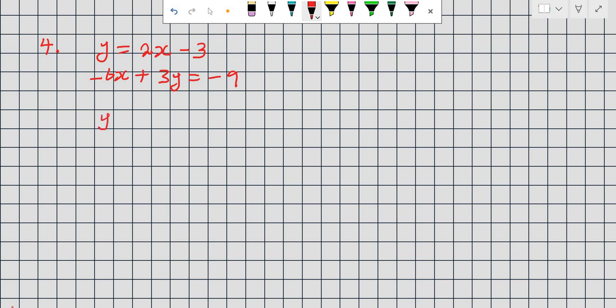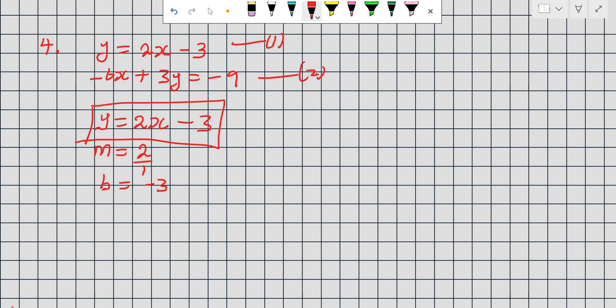So we have y is equal to x minus 3, and the slope is equal to 1 over 1. The y-intercept is negative 3. So that is it for this question.